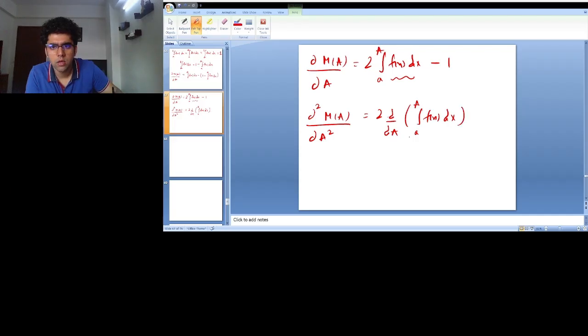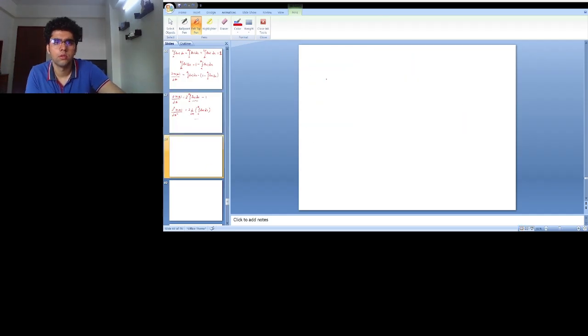And if I just apply the Leibniz rule here for one variable, so this integral from small a to capital A of f(x) dx becomes del by del a, small a to capital A of f(x) dx, right?